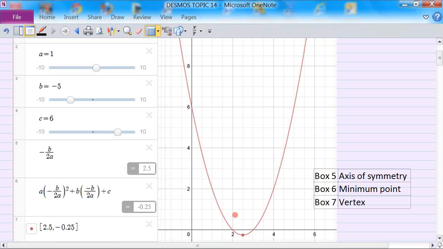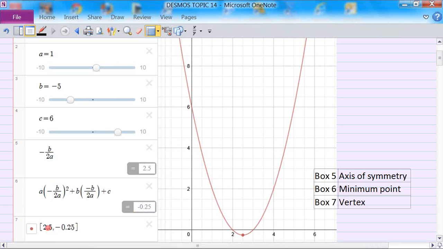We'll run down here. And substituting this back into the ax squared equation instead of x, this is x equals minus b over 2a. And we put it back into ax squared plus bx plus c, and we get the minimum value, minus 2.5.